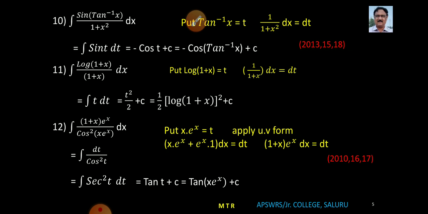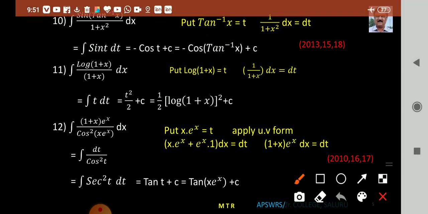So the given problem, integral sin tan inverse x by 1 plus x square dx, is equal to sin of t, and 1 by 1 plus x square dx, the whole thing is dt. Simply, this given problem is converted to integral sin t dt.